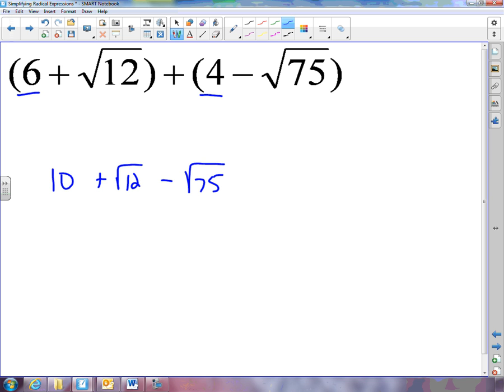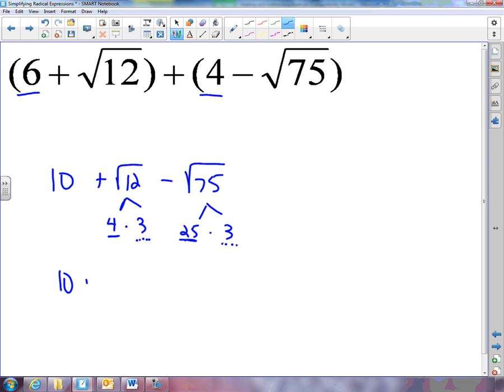Now let's see if I can do anything with those radicals in order to be able to bring them together. So I can break up 12 into a perfect square of 4 and then 3. I can break this up into a perfect square of 25 and then 3. So if you see, I have a perfect square and then the same other number. That's going to allow me to combine these roots eventually.